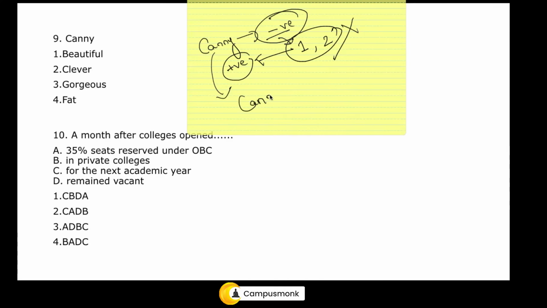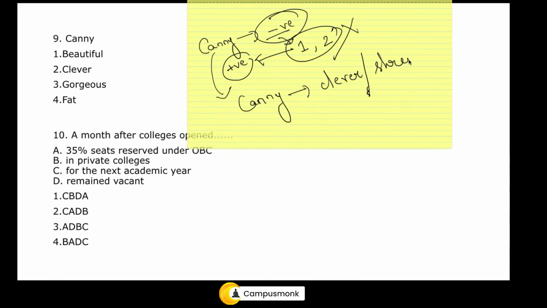Remember, what is canny? Canny is a person who's clever, who's shrewd. What does this word mean? Shrewd means mean. Someone who's mean. Now don't confuse shrewd with rude. Rude is different. So it is shrewd. Shrewd means mean, or in Hindi what you call matlabi insan.